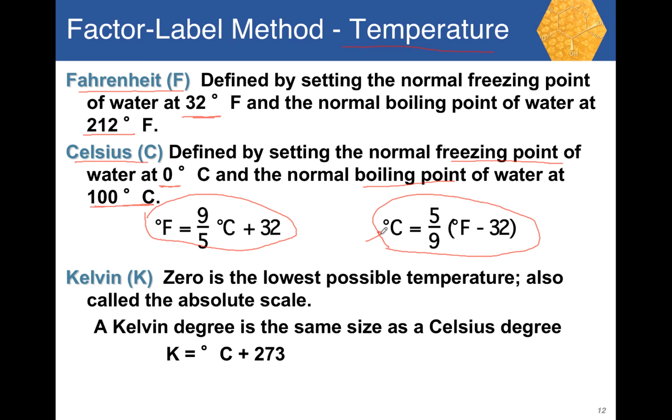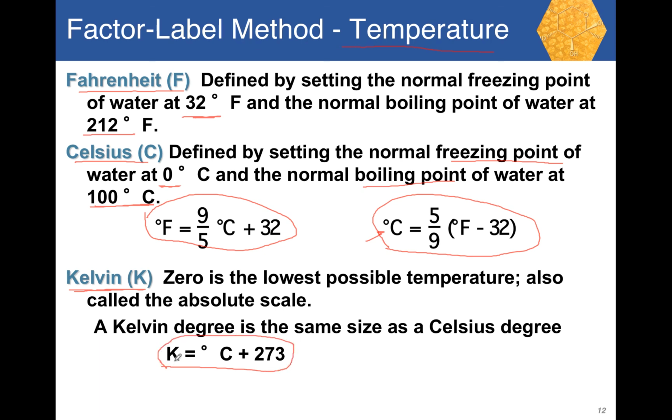Here's another one that we'll use more frequently in chemistry than outside of chemistry, and that's the Kelvin. 0 Kelvin would be absolute zero. That's the coldest temperature that anyone can get to, which is 0 Kelvin.